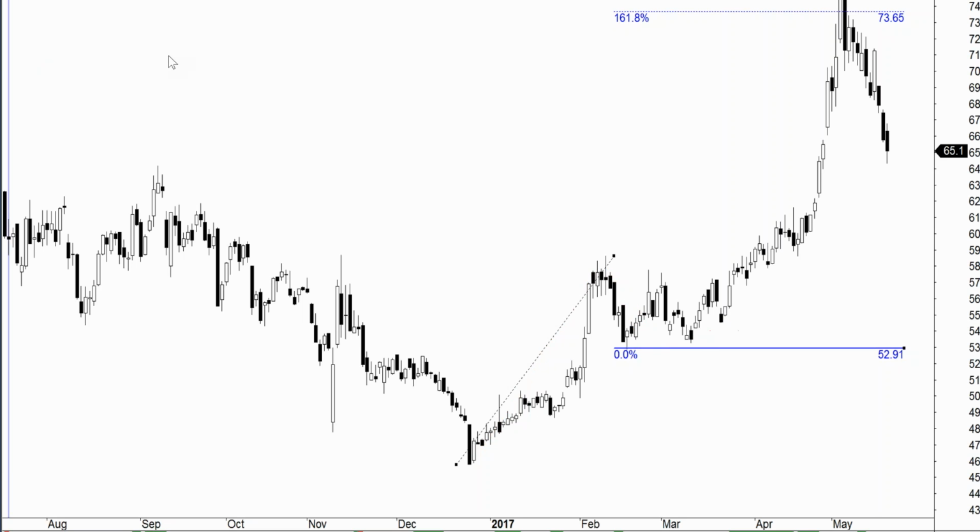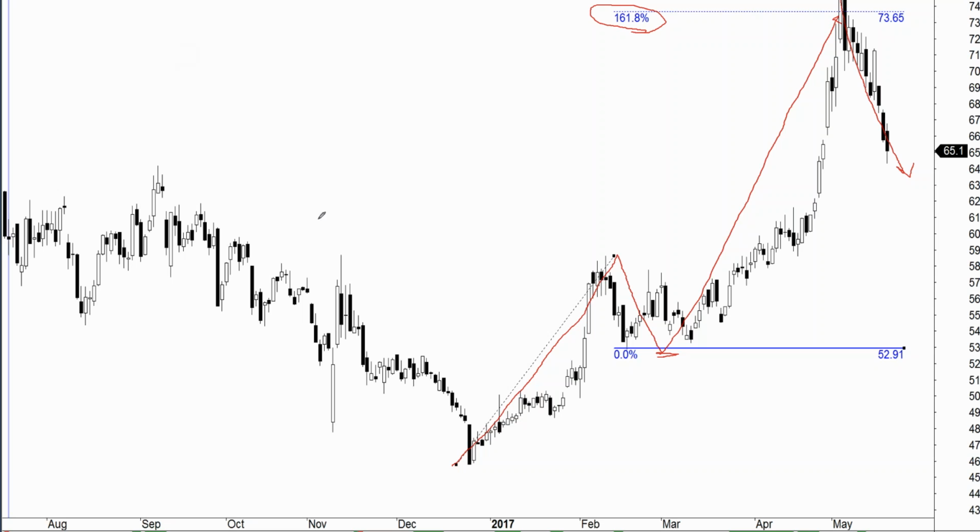Okay, now we take the projection tool, we take it from the initial retracement point to this, and then we choose this swing and leave the tool, then it will give us this. Now we got 161.8% projection levels, and then from there the price retraced back.